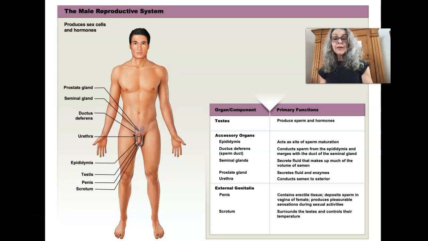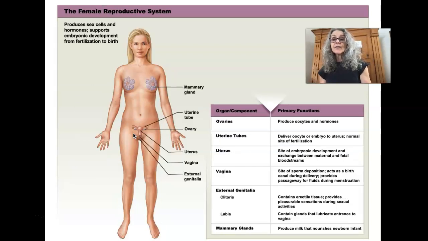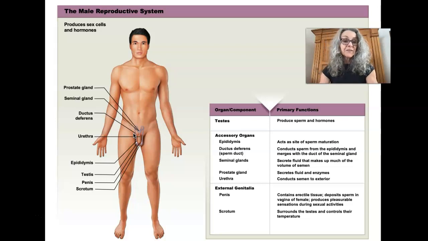We have the male reproductive system and the female reproductive system. Both of these reproductive systems are to make more of the species. The major organs of the male and female reproductive system would be the gonads, the testes and the ovaries. Testes male, ovaries female. Why are these the major organs? These organs produce the sex cells or gametes.